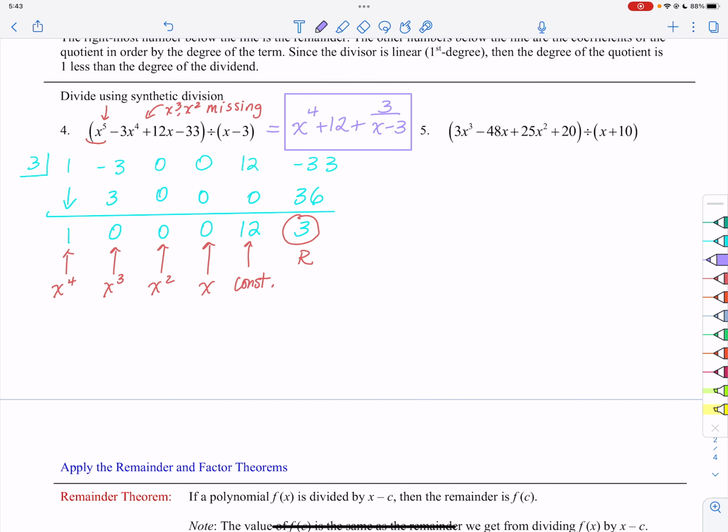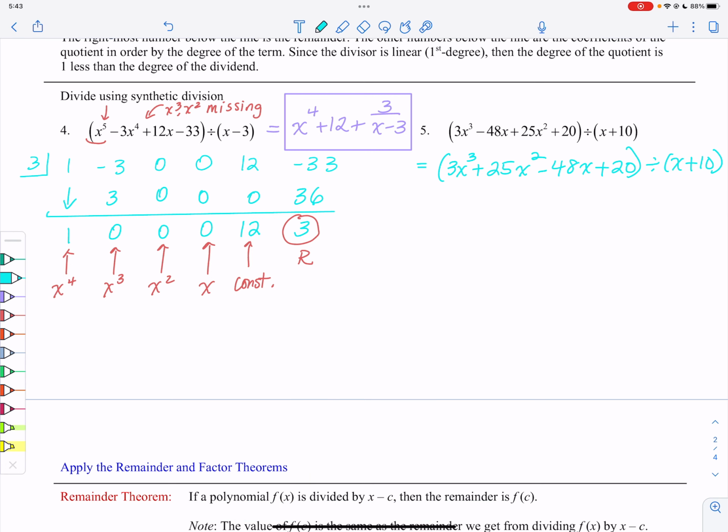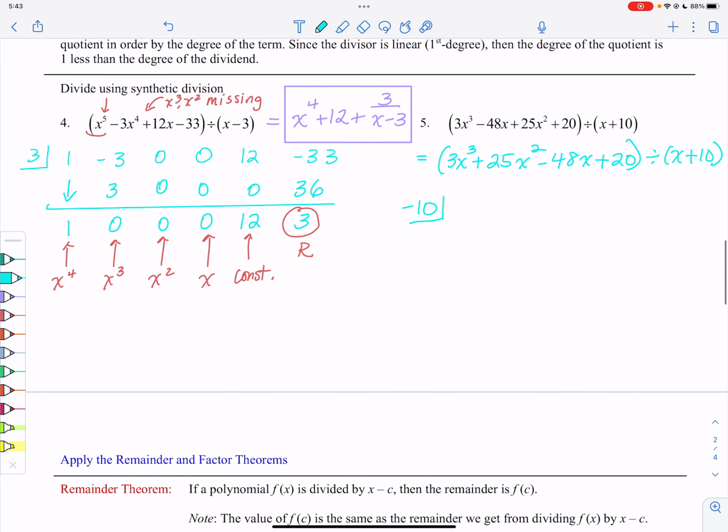Now, what do you notice here? Let's go ahead and rewrite this in descending order. So we have 3x cubed plus 25x squared minus 48x plus 20. And we're going to be dividing that by x plus 10. Now, as you can see, this time negative 10 is going in the box, okay?